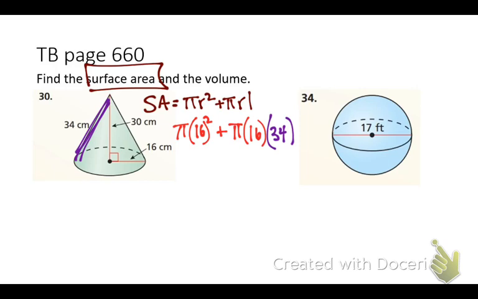What is 16 squared? 256. What is 256 times pi? Perfect. So we find that piece, then we find the second piece. What is 3.14 times 16 times 34?